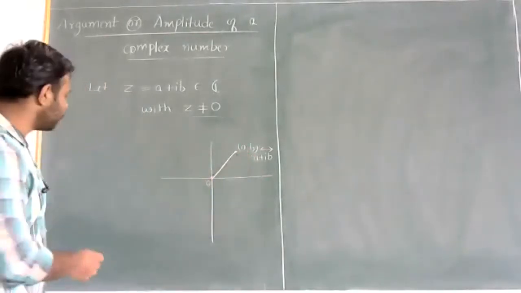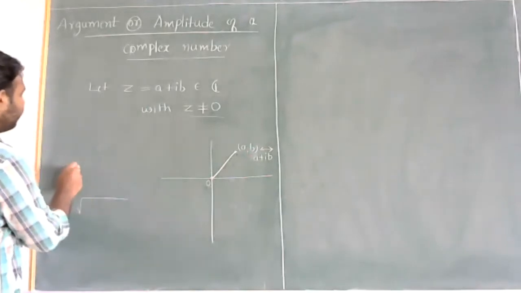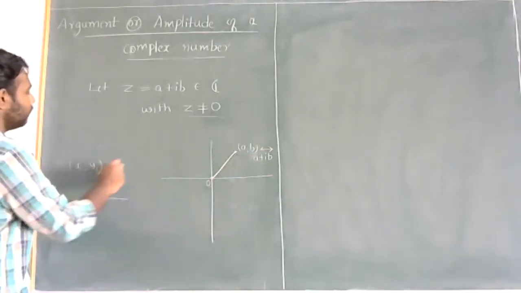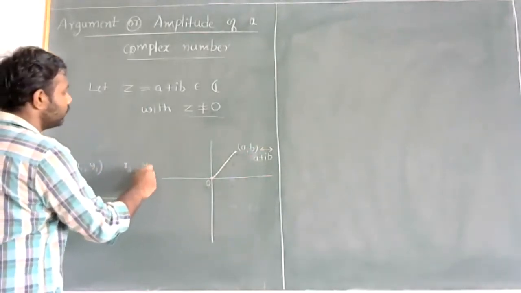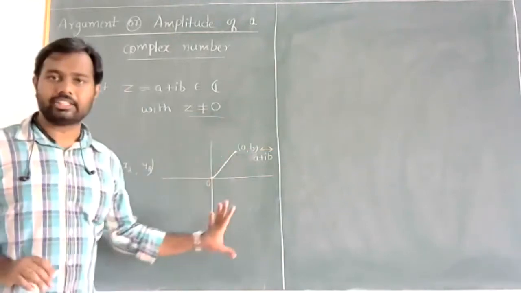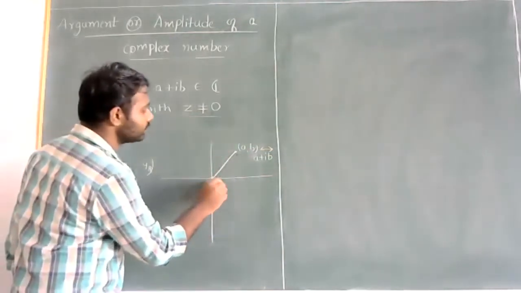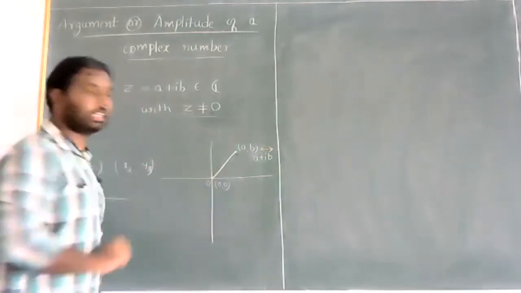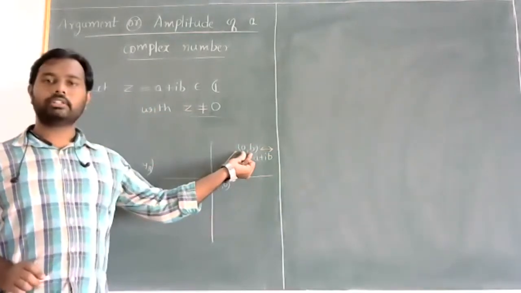The distance formula is, if you have two points x1 y1 and x2 y2, the distance will be the square root of x2 minus x1 whole square plus y2 minus y1 whole square. The origin is the point 0 comma 0 and this is the point a comma b.